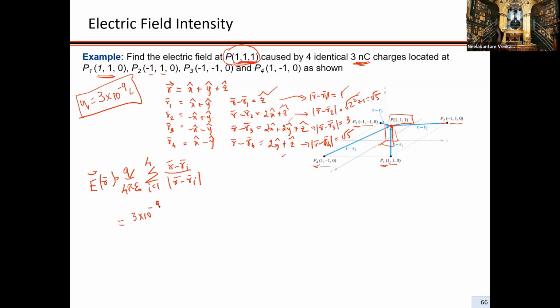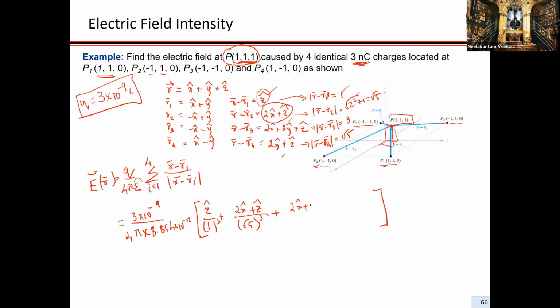So this is going to be 10 to the power minus 9 over 4 pi epsilon naught, 8.854 times 10 to the power minus 12. Then I have how many terms? I should have 4 terms, isn't it? The first term is R minus R1, which is z hat over 1, plus 2x hat plus z hat, the R minus R2 term, over the cube that comes in because of the 1 over R minus R1, the whole cube term.